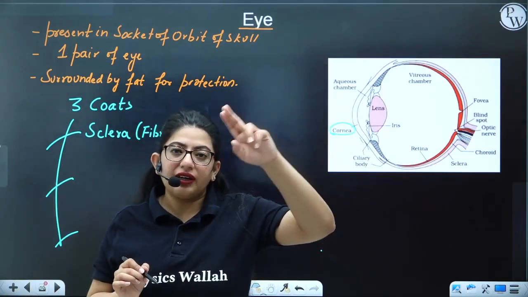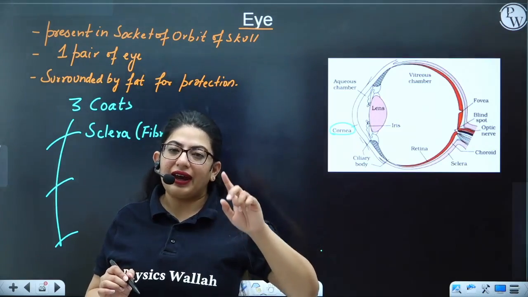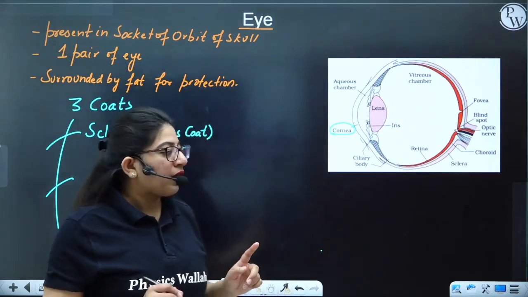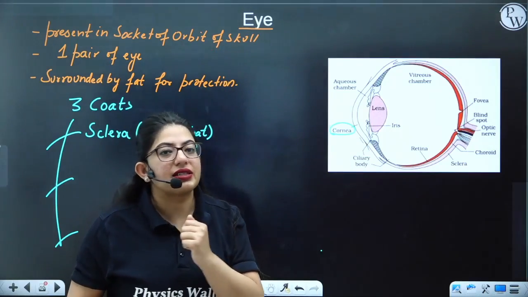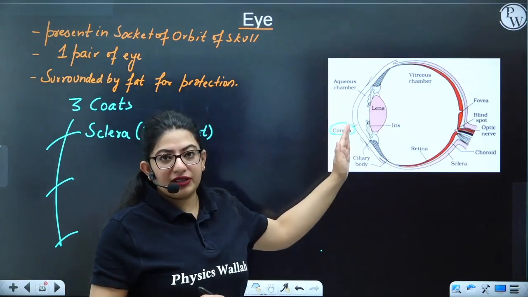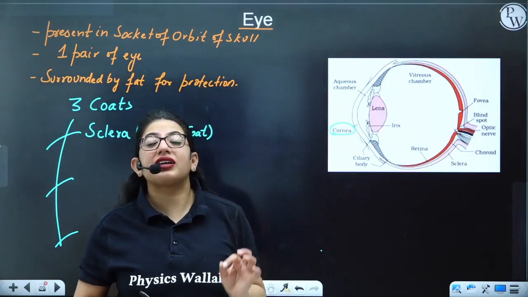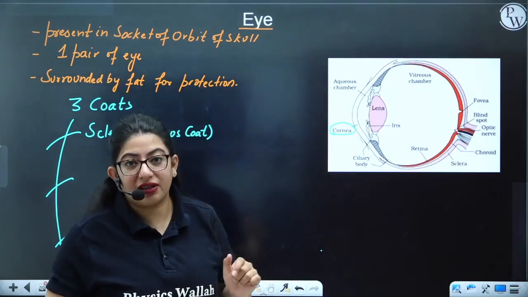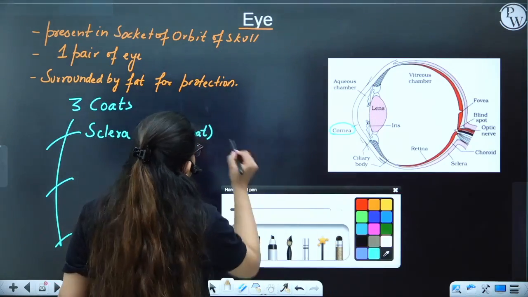So posteriorly sclera is thick, and anteriorly sclera is thin and you call it the cornea. This cornea is the transparent portion where you put on contact lenses. It's present just in front of your lens. This is the portion that is changed during LASIK laser surgery to remove spectacles, right? So the sclera is the white of the eye.